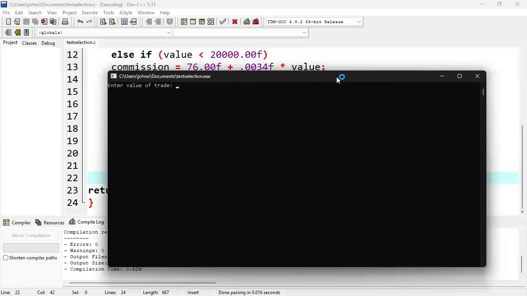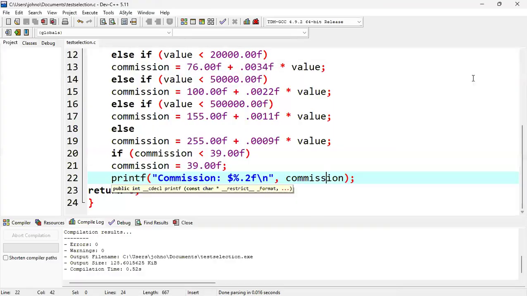Okay, so it says enter the value you want to trade. Let's say the person wants to trade $700. This probably would be less than 39, so the code does some computation. Oh, $700 is good. It's above 39.